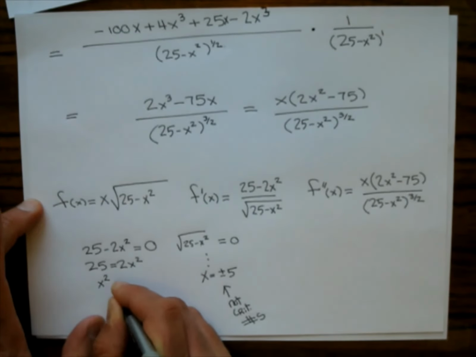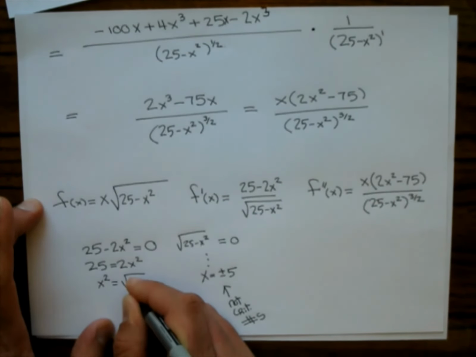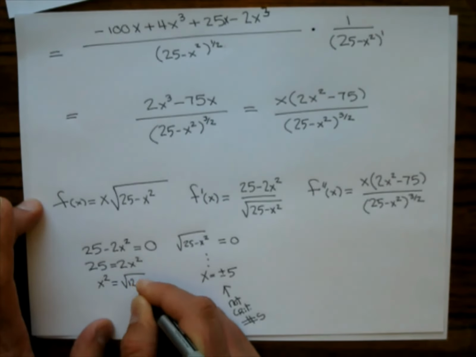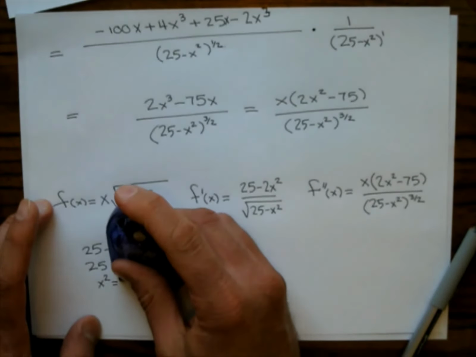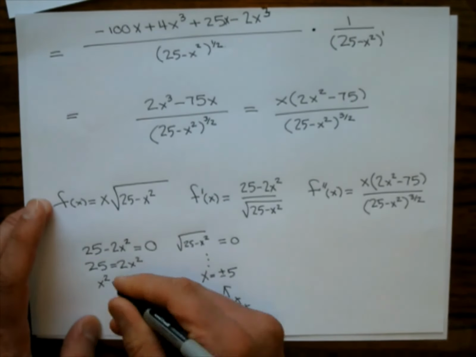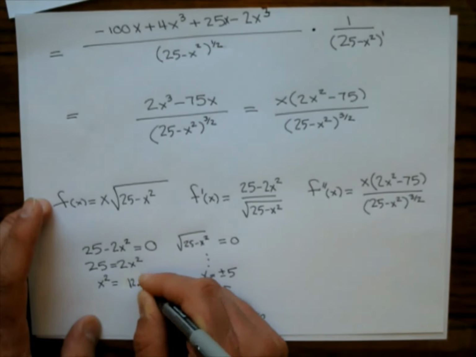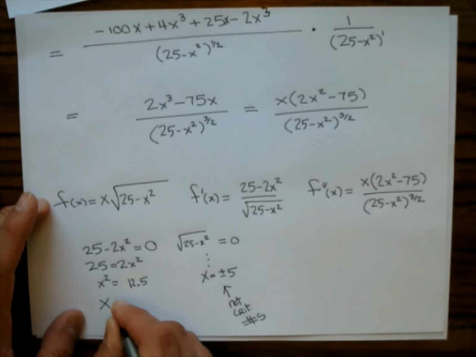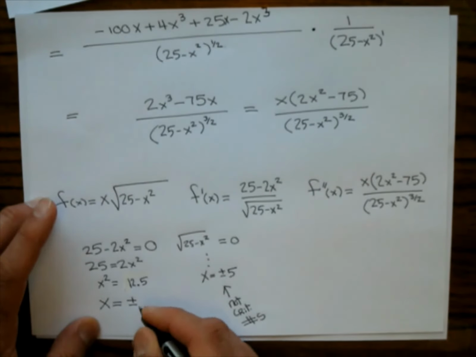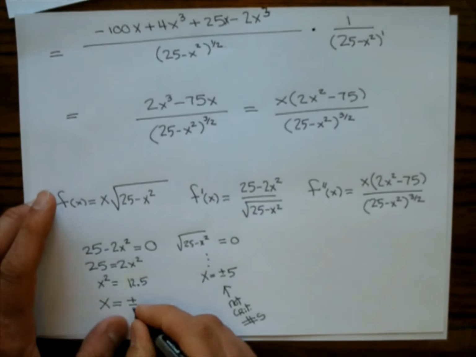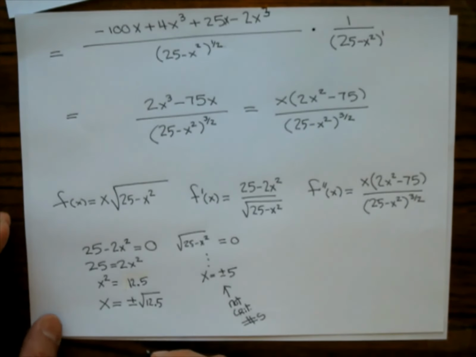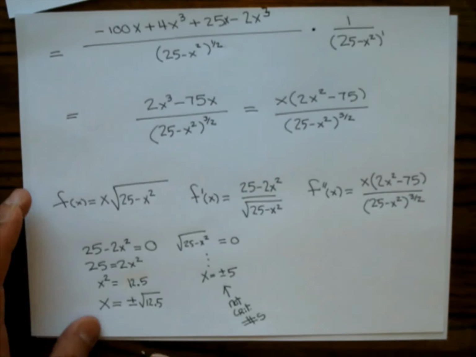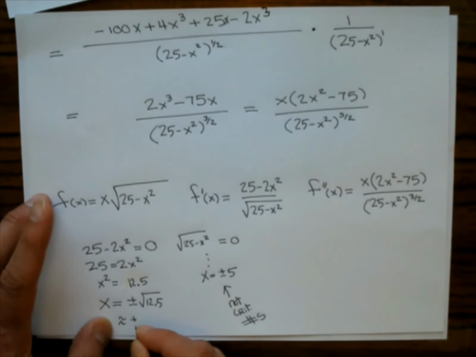X squared equals 12.5. And so x equals, from the square root property, plus or minus the square root of 12.5. And if you wanted to know an approximation for that, I approximated those, and this gives me plus or minus about 3.5.